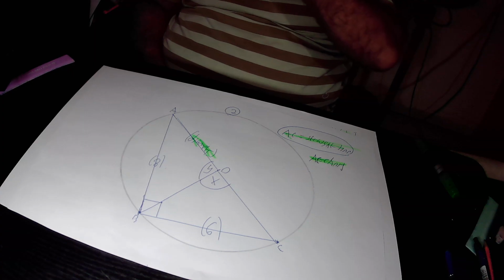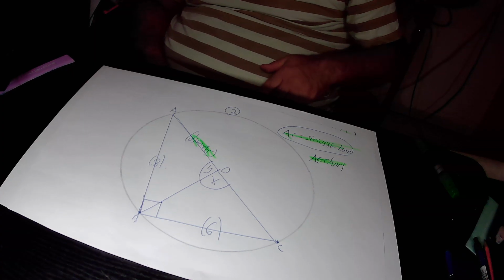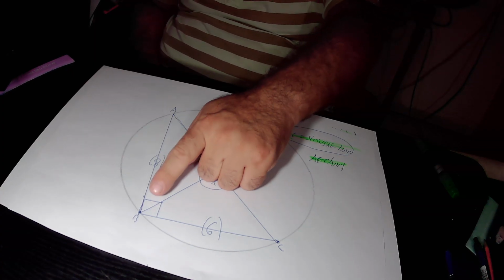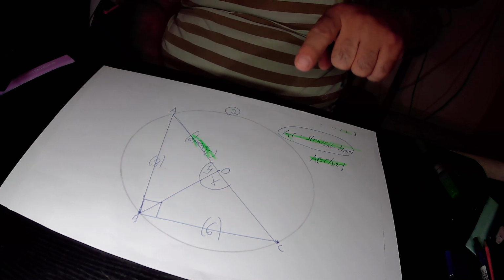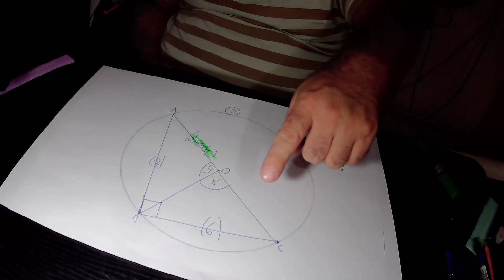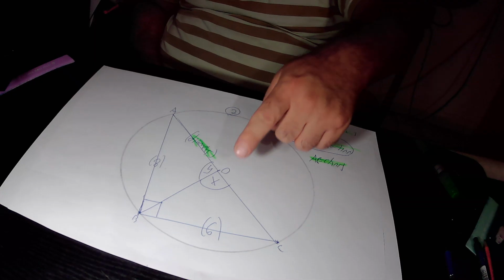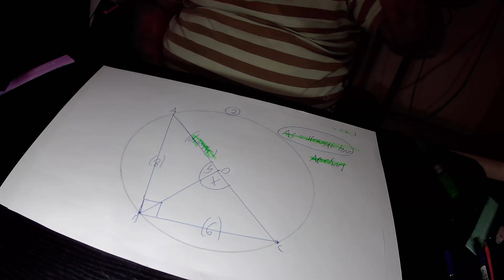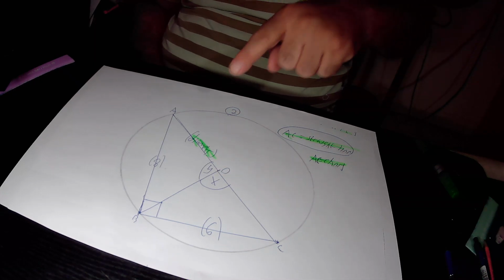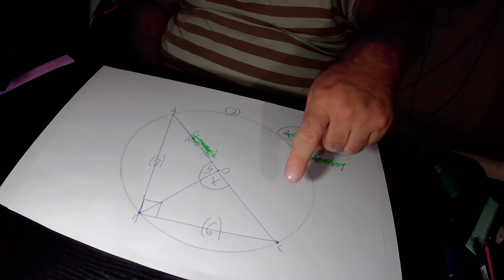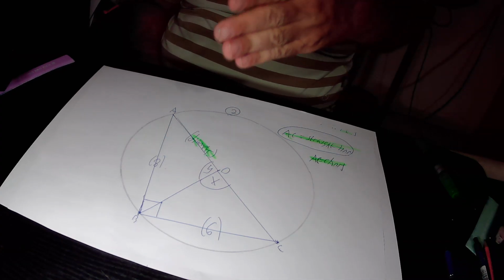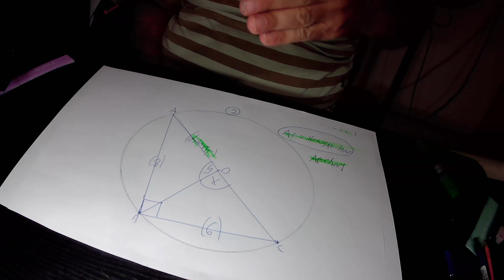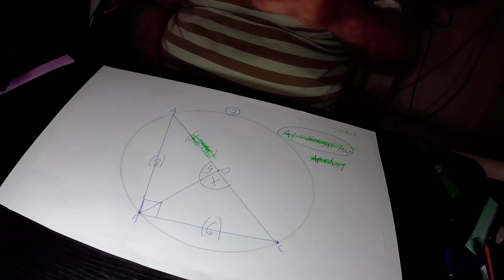In the next step, we did the construction. From point B, I draw chord BC that is equal to 6 units in length. Again, from point B, I draw chord BC that is equal to 6 units in length, according to my construction.